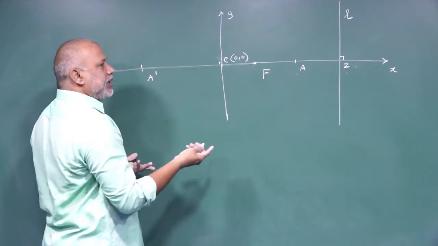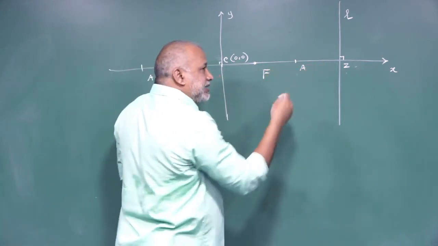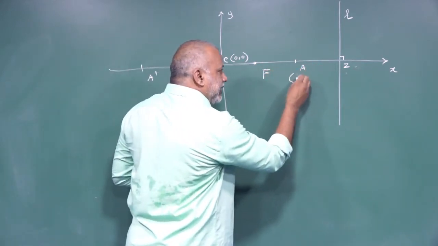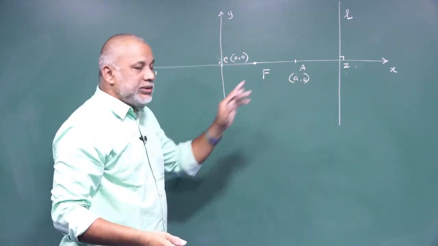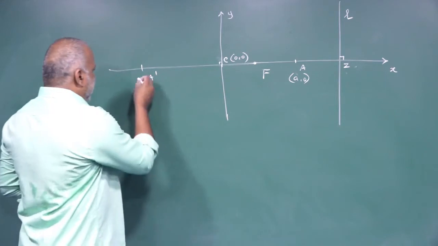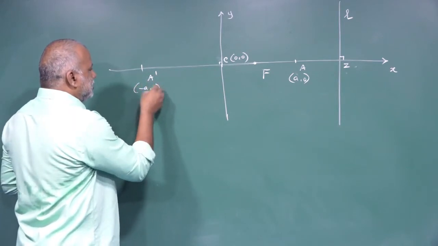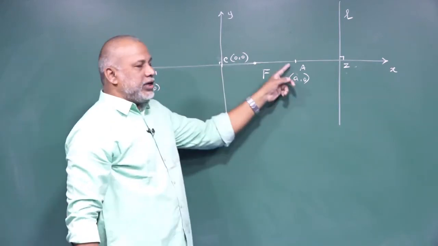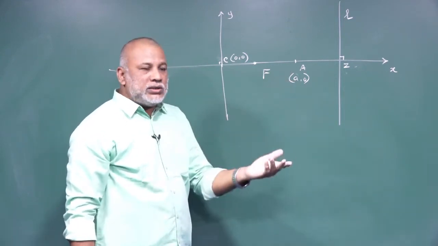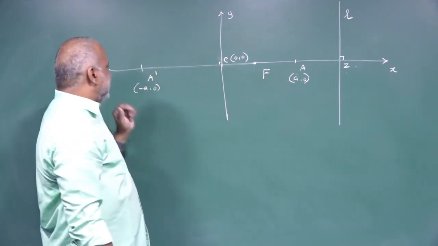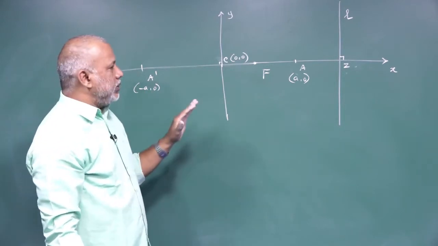Now we are considering CF as x-axis. Therefore, automatically we can say the point capital A is (a, 0). Now A dash becomes (minus a, 0). So already we are working out the distance CA equals a.